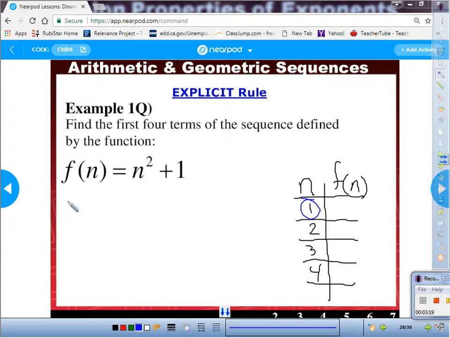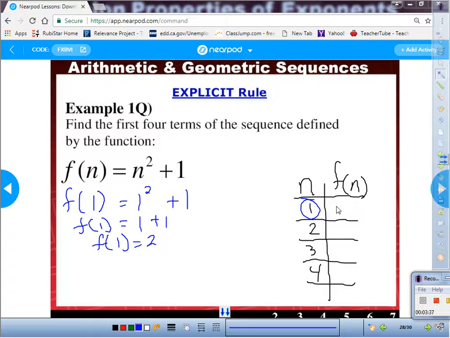So here instead of n, I'm going to write f of 1. Here instead of n, I'm going to write 1 squared plus 1. So what is f of 1? What is 1 squared? 1 plus 1. So what is f of 1? It's 2, and that goes right there.